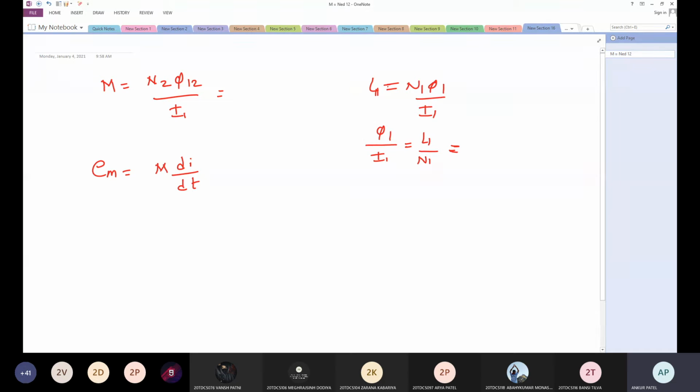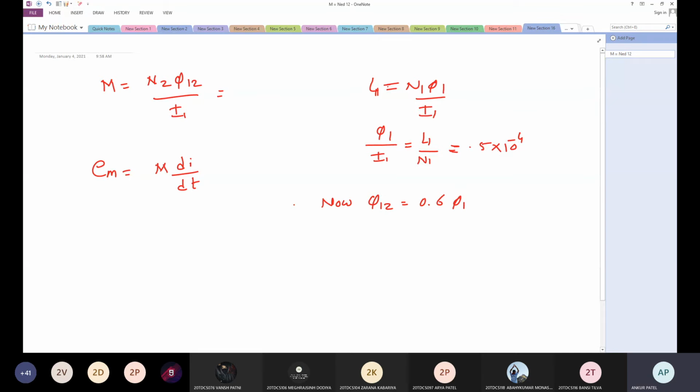It is equal to 0.0005, or I can write 5 into 10 raised to minus 4. Is it right? Is it okay? Yes, sir. Now we know flux linking phi12 is equal to 0.6 phi1. Now I need the phi12 by I1 ratio.